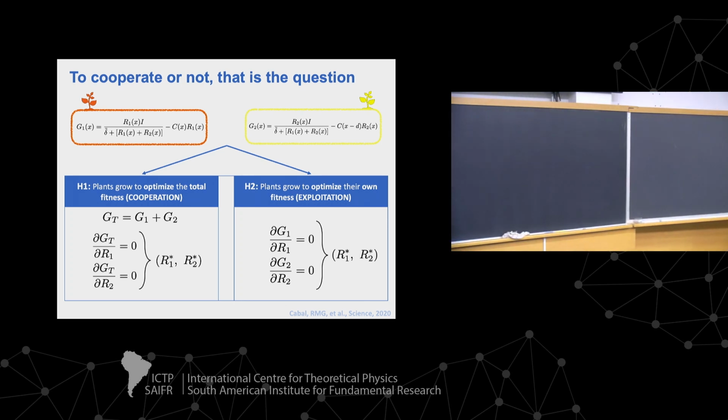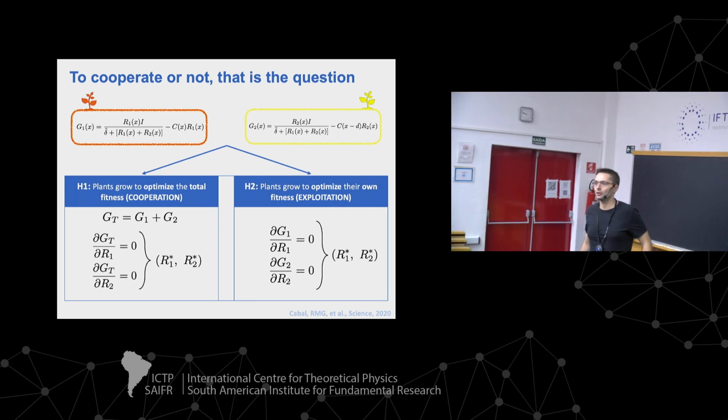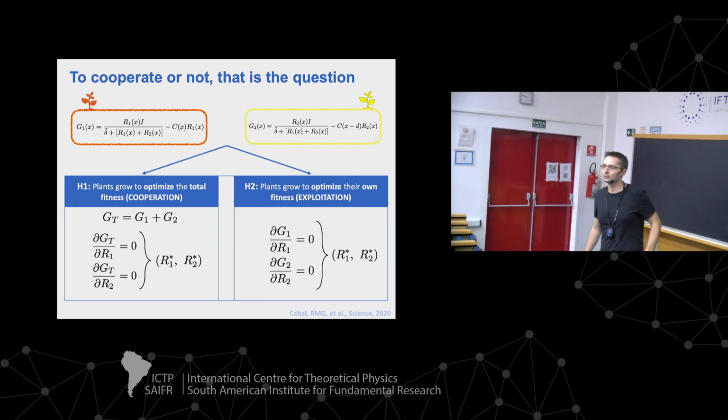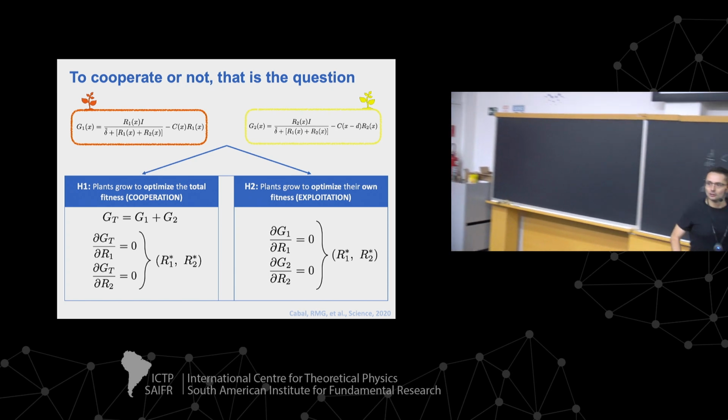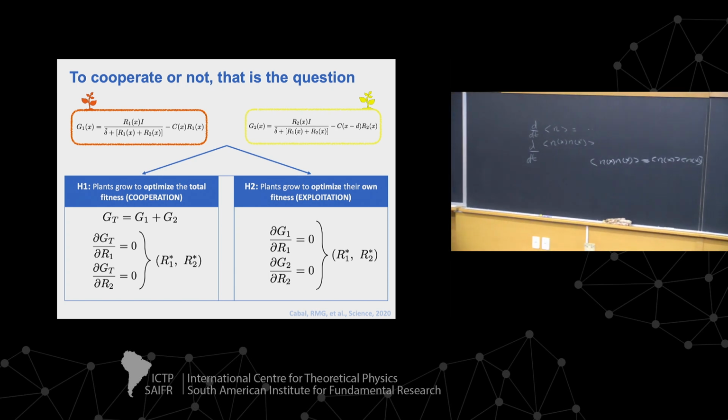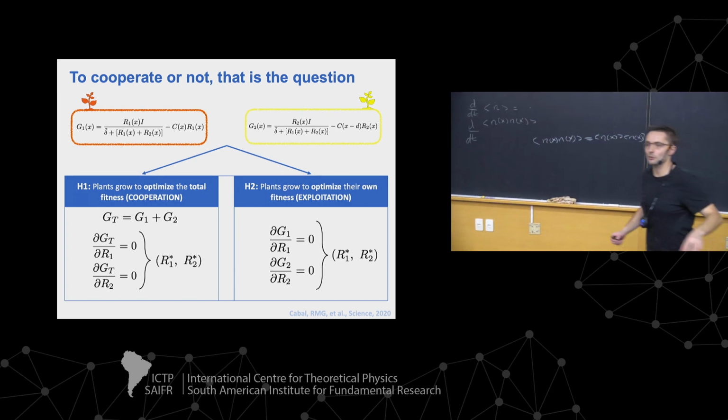Yes? With cooperation, and to basically say that, okay, we think that there's going to be lesser food in the future, so we are going to optimize growth. Going to be less effort in the future, in which sense? Sorry, I'm not sure if I got your question.